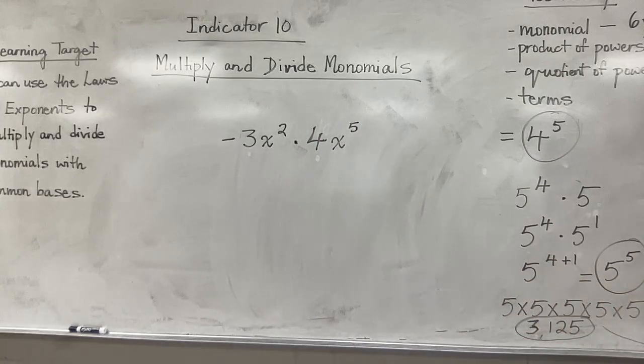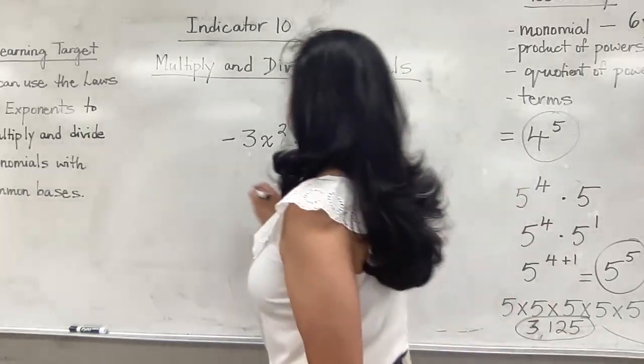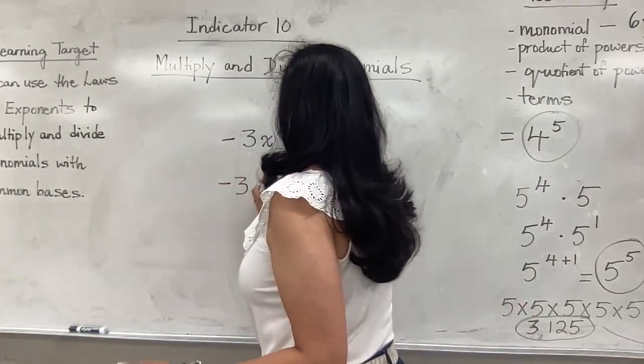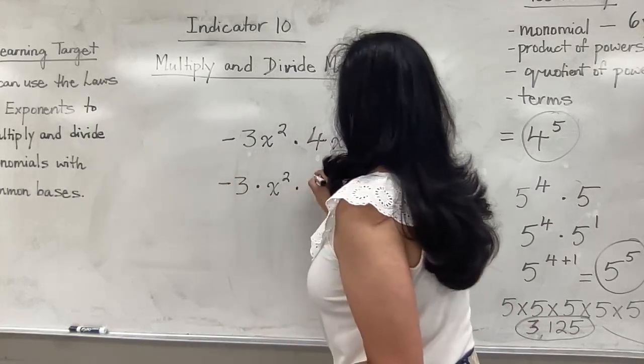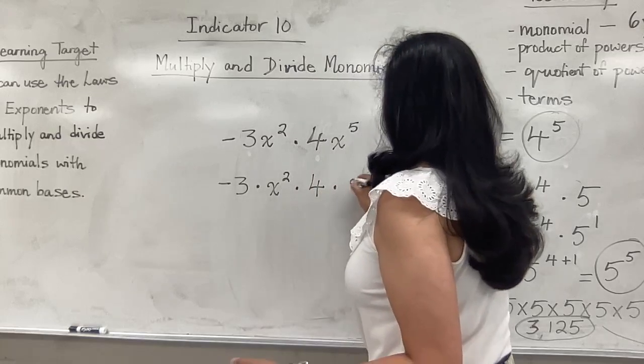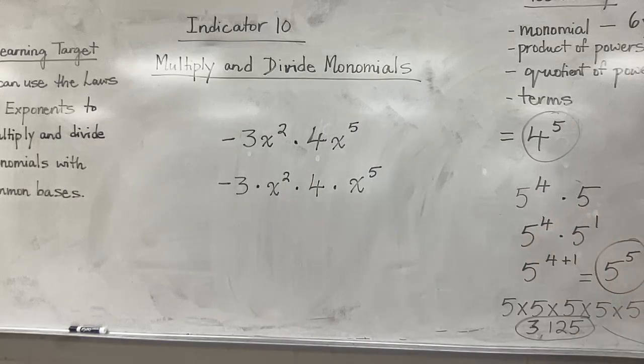So what we are going to do, I'm just going to separate out the entire thing so you can see what is happening over here, because we are multiplying monomials. So this is -3 times x squared times 4 times x to the fifth power. So basically all that we're doing, we are multiplying all this. So we are now going to use the commutative and the associative property of multiplication, and then I am going to group the like terms.